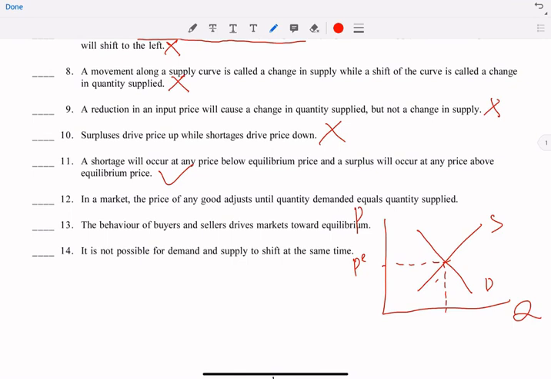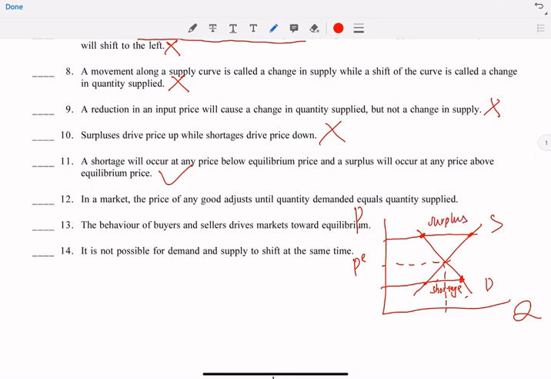So if there is a price which is below the equilibrium price, let's say we're looking at this price here, immediately you can see that quantity demanded, which is this, is larger than quantity supplied. So you will see a shortage here. And if a price is higher than the equilibrium price, you will see quantity supplied is larger than the quantity demanded. So you will see a surplus.